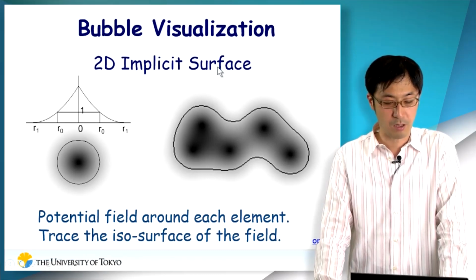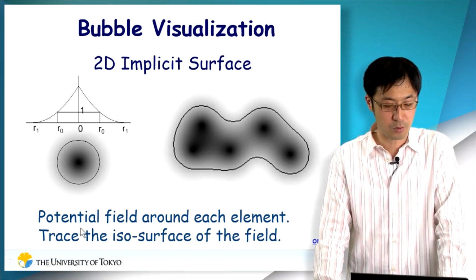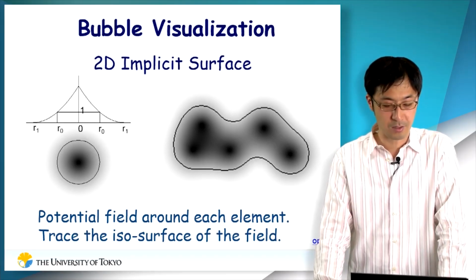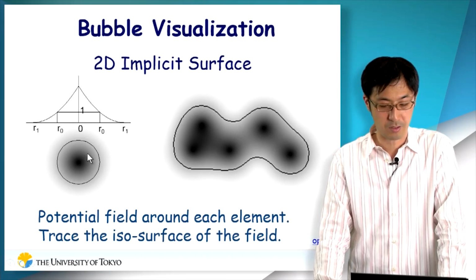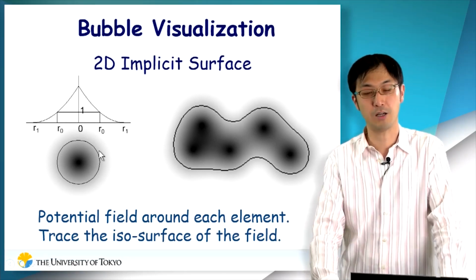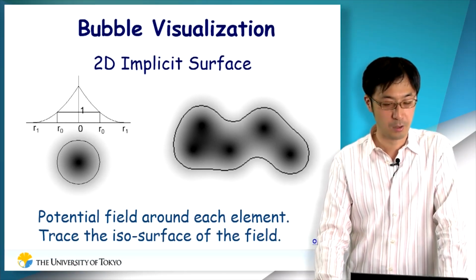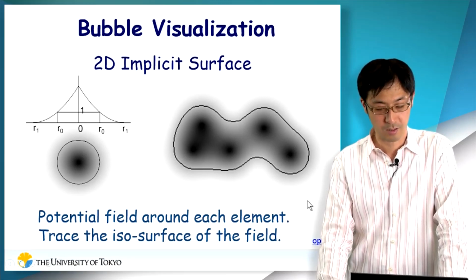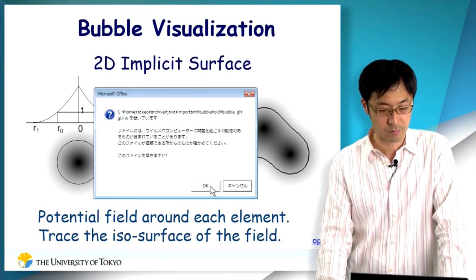Implicit surface means computing a potential field around each element, and then tracing the isosurface of the field. Suppose you have 1, 2, 3, 4, 5 objects, and then we generate this kind of potential field around it, kind of a height field. And then we aggregate them together and then compute the isosurface. And here is a visualization.